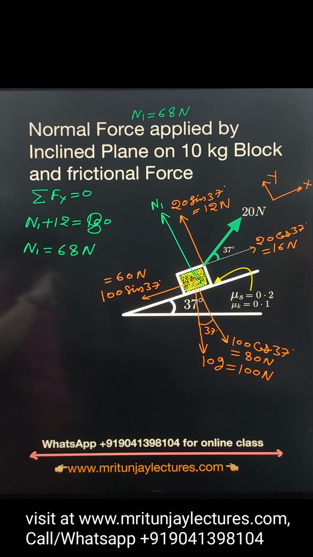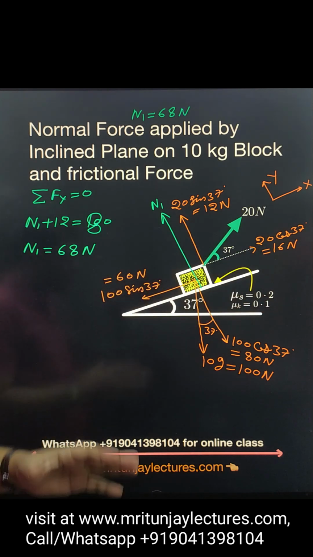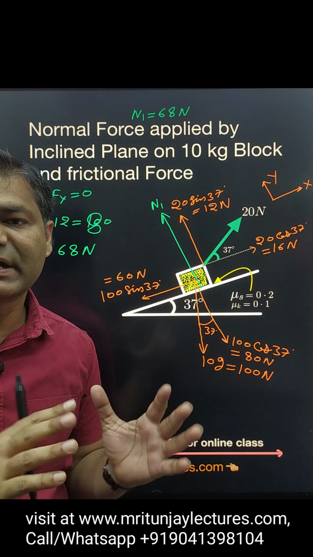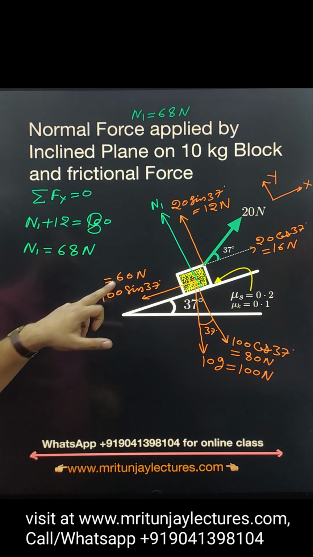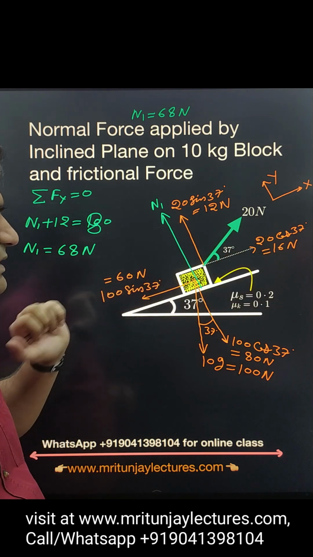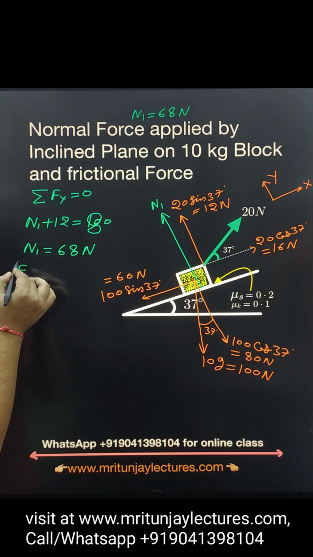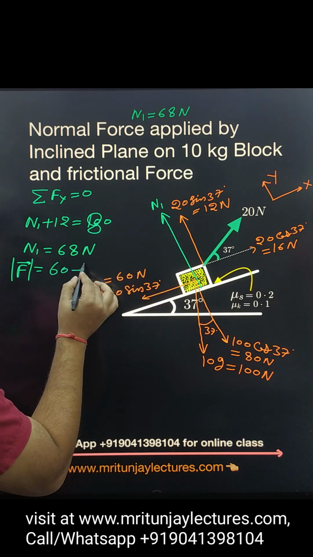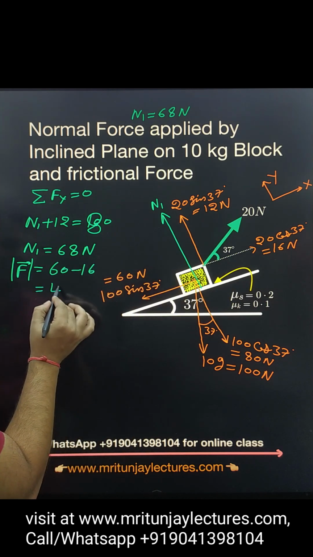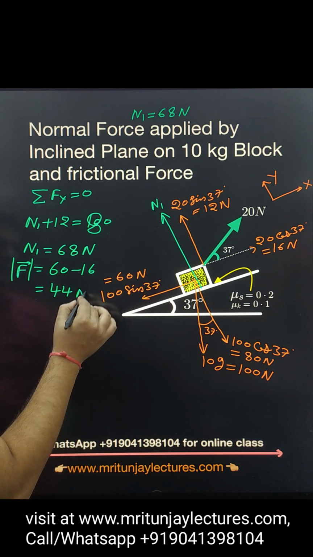Okay, now the next target is, what about the frictional force? First of all, look here, here 60 Newton and here 16 Newton. So first of all, what about the driving force? The driving force is decided by which force is greater, 60 or 16? The 60 is greater. It means the driving force, or you can say the applied force, has a magnitude of 60 minus 16, that is 44 Newton.